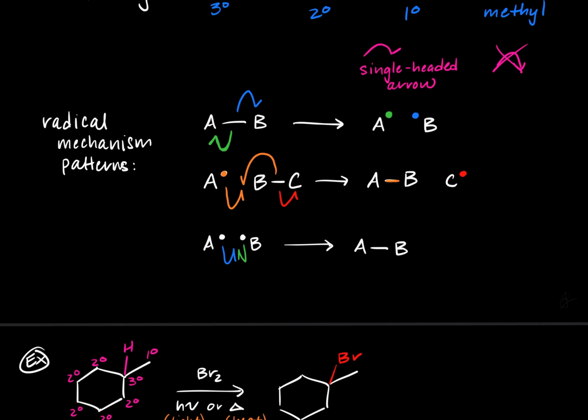So this first step here would be an initiation step where we take a non-radical and form 2 radicals. This here would be a propagation step where we make one radical a non-radical, and we make the non-radical a radical. And we have our termination step where we take 2 radicals and we form a non-radical.